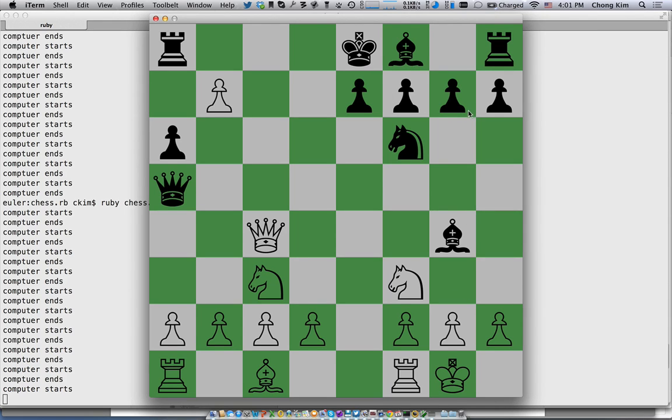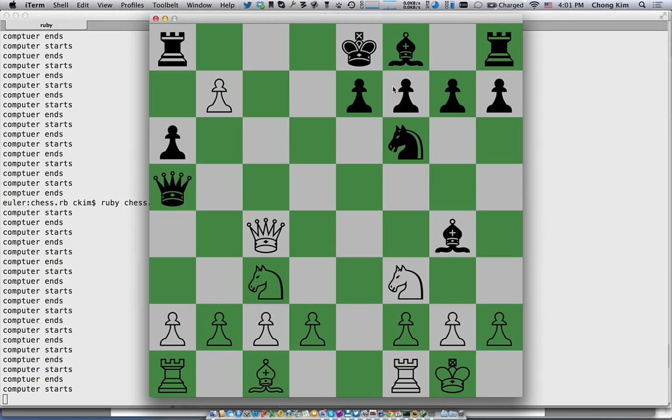So hopefully by doing that, maybe it would open up these pawns and allow it to have a lot more possibilities. Because right now, it's better than it was playing before, but it's not doing development. It's not bringing these pieces out. So I have to figure out a clever way of telling it to develop.